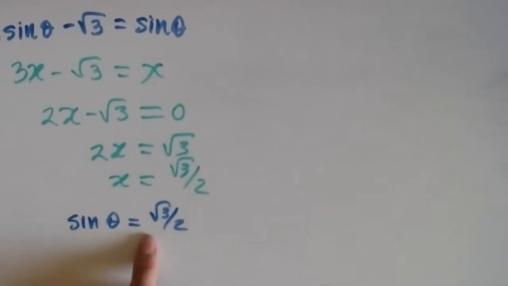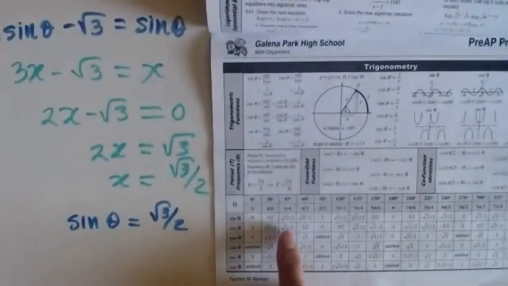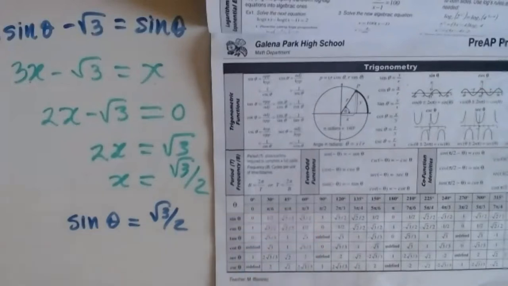Now, for what values is this the square root of 3 over 2? Let's see my table again. The square root of 3 over 2 for the sine is right here. It's pi over 3, so theta equals pi over 3.